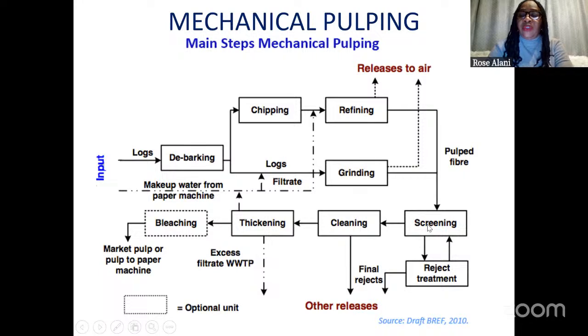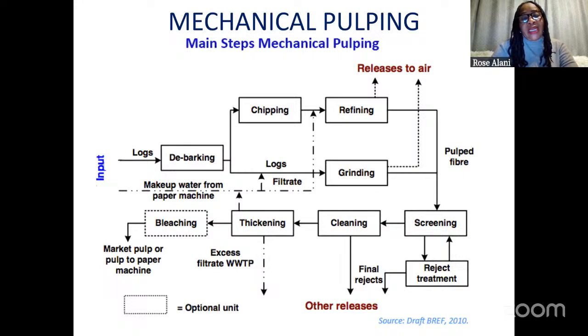Passing on from the screening, after the screening you have the reject and you have the pulp itself that is going in. The pulp that goes in, you do some thickening process, which you will see later on. And then you move it from there to bleaching. Like I said, mechanical pulp bleaching is completely different from chemical pulp bleaching.